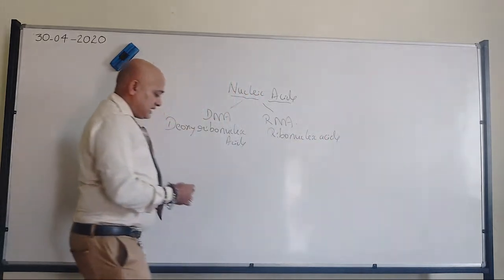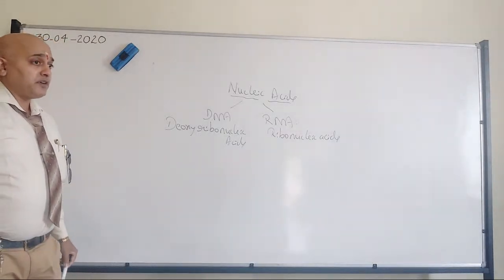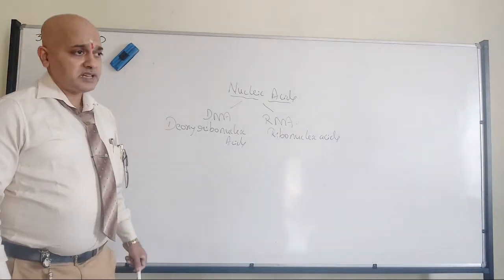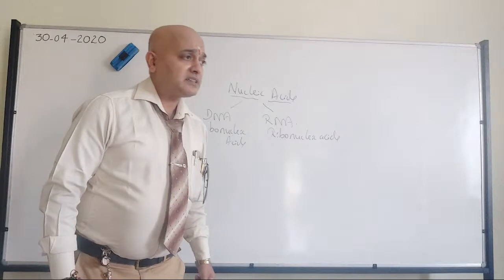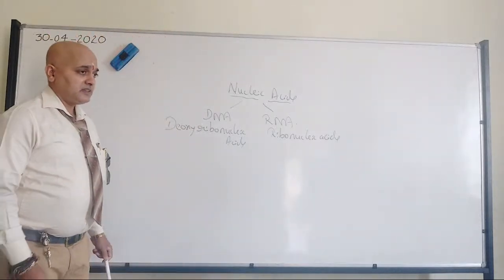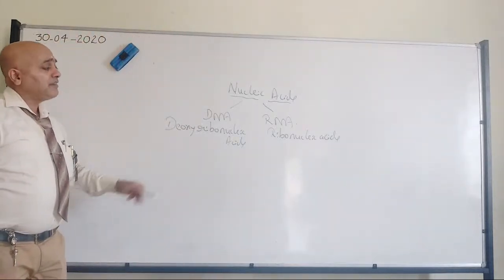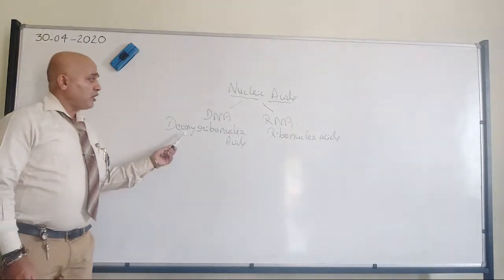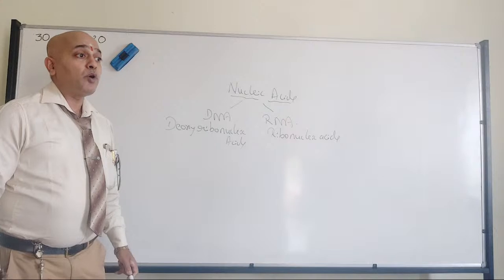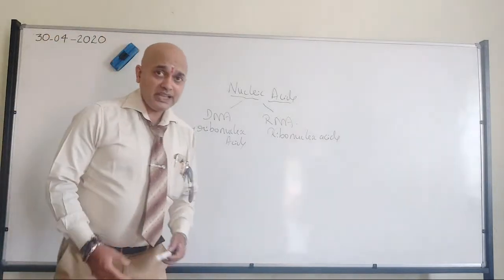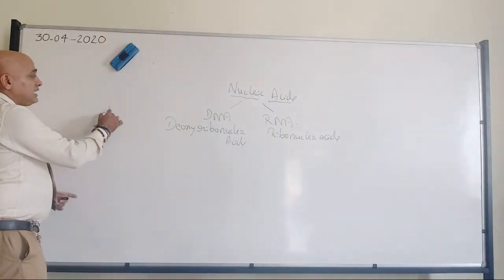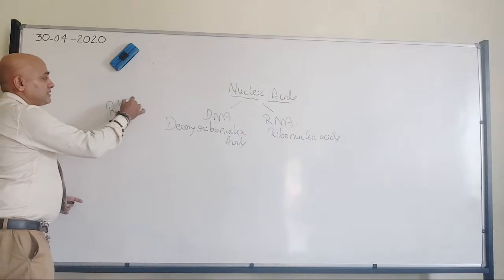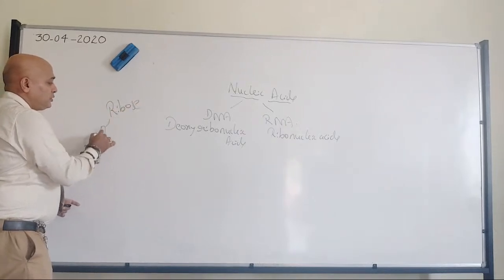Now, I will make it clear for your exam, no structures are required, but they will ask some questions which I will tell. Structure is not required. I will write the structure to make you understand, that's all. When I am talking about ribo, I am dealing with ribose sugar, which is an aldopentose.